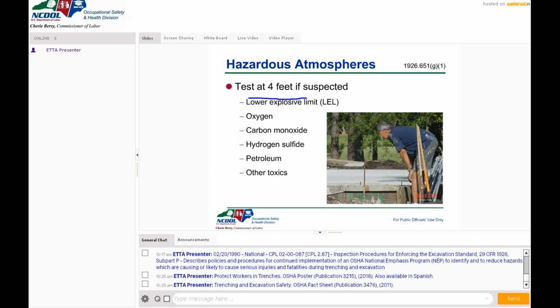As soon as you go inside that pipe or that manhole, that now falls under the confined space standard and you can be cited under it versus under trenching and excavation. So here are just a few of the examples of what we're talking about on hazardous atmosphere.